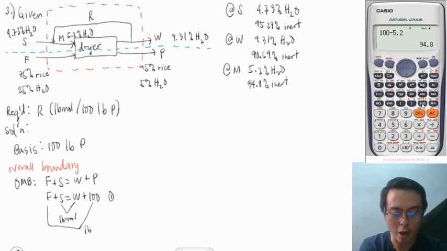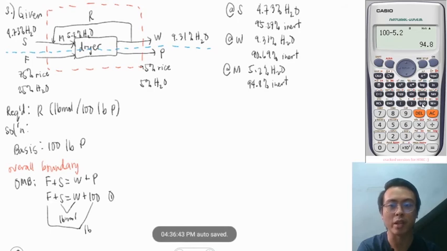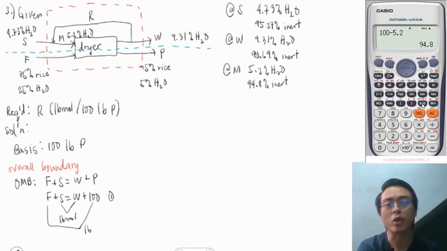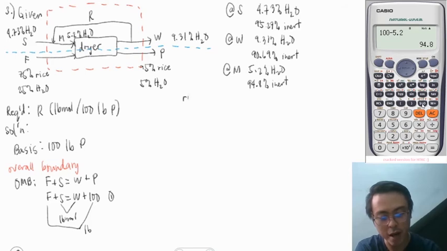Okay, so how do we operate this? Remember, we are still on the overall boundary, but again, we cannot use our normal OMB. So let's first consider the tie components. What is your first tie component if you take a look at the bottom streams? The tie component here is rice, because water enters at F and S and exits at P and W, so we cannot use the water balance yet. Let's perform the rice balance.